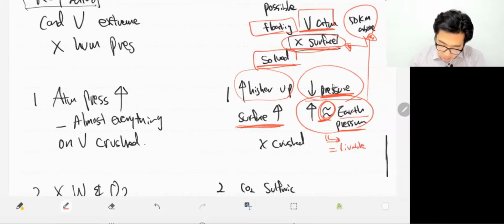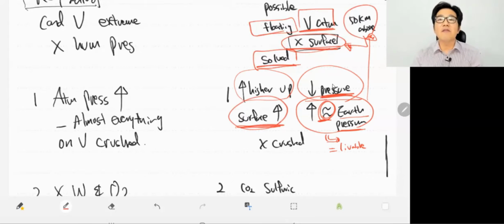So on Venus's surface, if we try to live there, we will be crushed. But higher up in the atmosphere, like 50 kilometers above, atmospheric pressure is a lot lower, almost similar to Earth pressure.